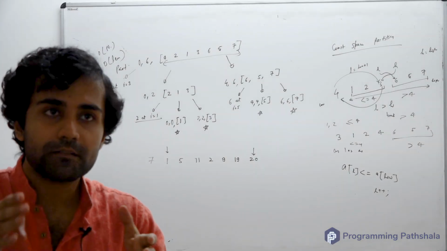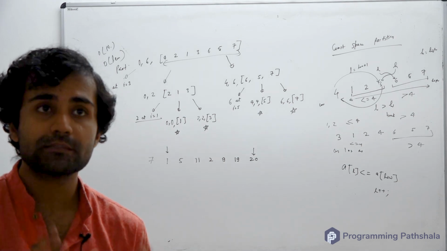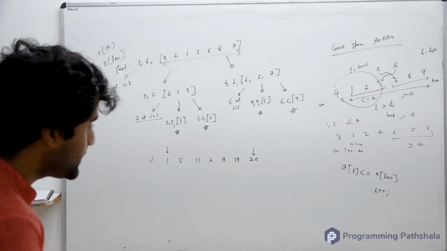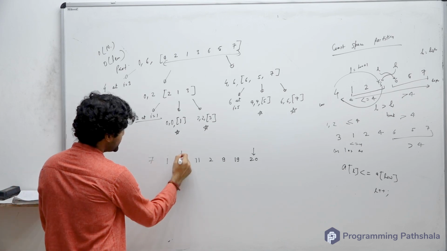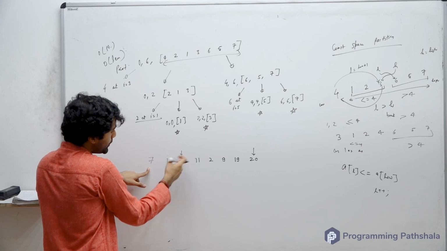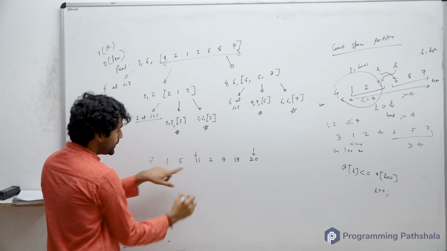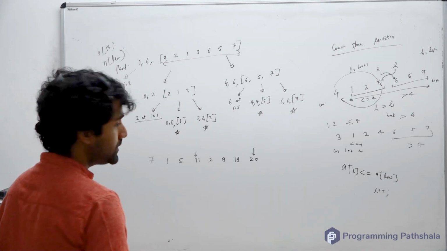This pointer keeps on moving as long as you are getting elements that are smaller than or equal to 7, right? So you'll move from here to here. Now again here you see that this element is smaller than or equal to 7, so you are happy, you move. But when you are here, you will not move, you will stop over here, correct? Same thing over here.